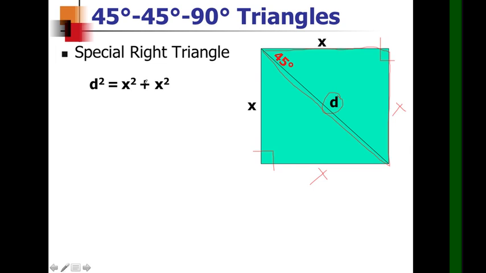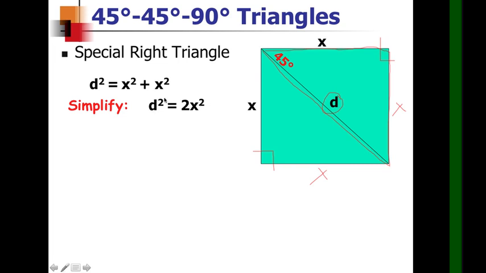So we will get the square of those x. So we have x squared plus x squared. And let's say that d is the hypotenuse, so this is d squared. Then, let's simplify it. We have x squared plus x squared, that's 2x squared.